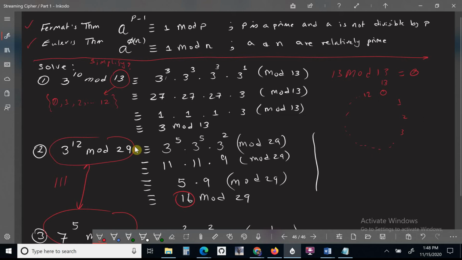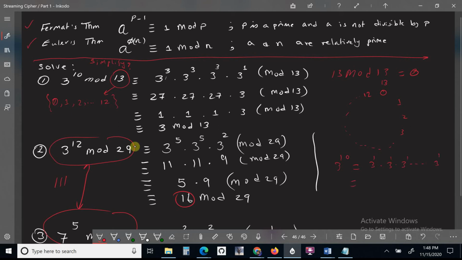So basically, when you try to factor 3 to the power 10, we can factor it in many different ways. We can say that it's 3 times 3 times 3, 10 times, because each is power 1, you add them up to 10 times, so it will be 10.